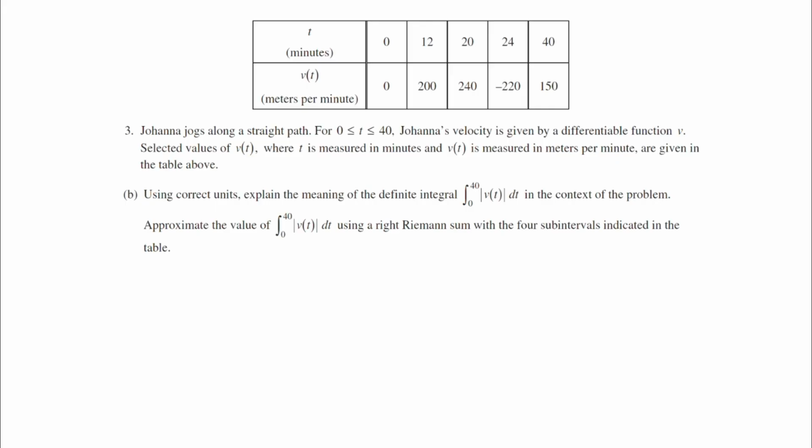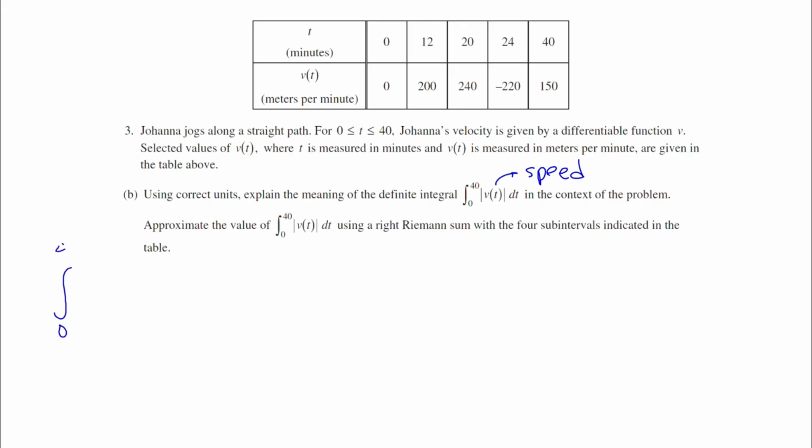In part B, it says, using correct units, explain the meaning of the definite integral from 0 to 40 of the absolute value of v of t dt, and then to approximate it using a right-Riemann sum. So the integral of the absolute value of velocity is an integral of speed. And an integral of speed tells us a total distance traveled.